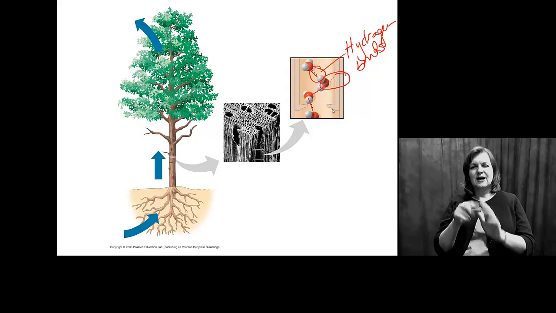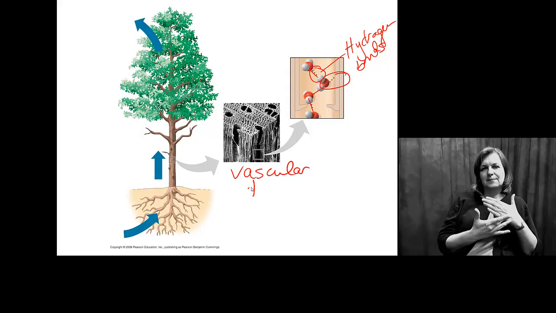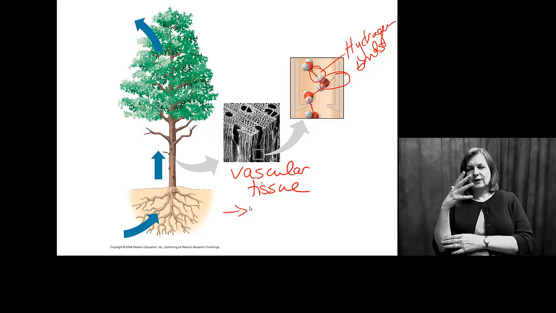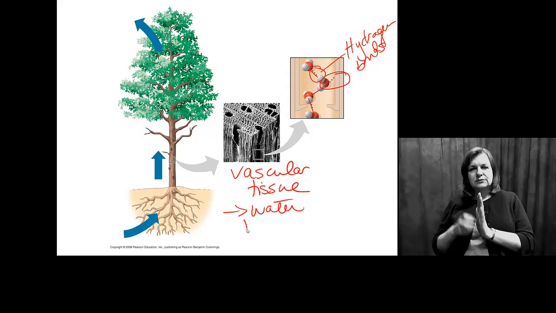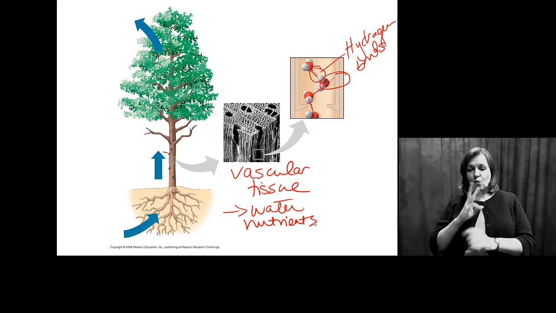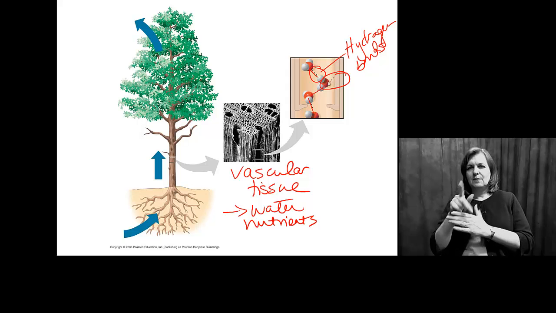This is actually the inside of vascular tissue of this tree. This is the vascular tissue. Vascular tissue is like circulatory tissue for you. It's going to move water, it's going to move nutrients, sugars, food, and so on for the plant. The water molecule itself is actually going to bond gently, very gently, with the sides of this plant wall.